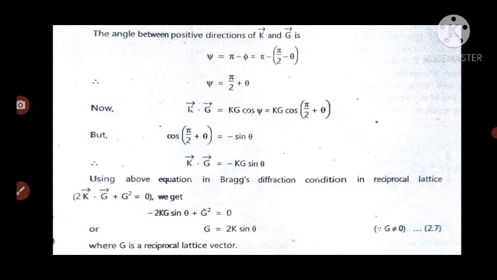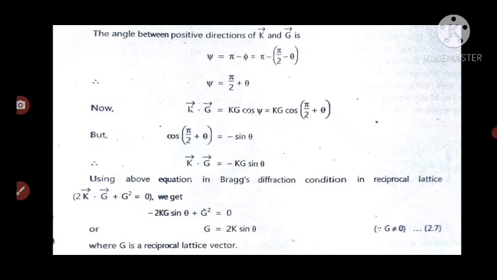If we place there the value of psi, which is pi by 2 plus theta, cos of pi by 2 plus theta is equal to minus sin theta, so the final relation will become k bar dot g bar is equal to minus kg sin theta.